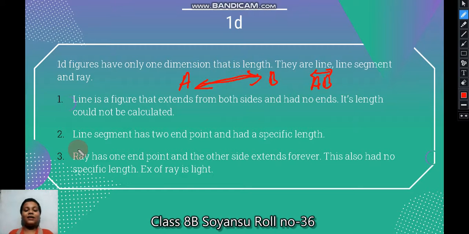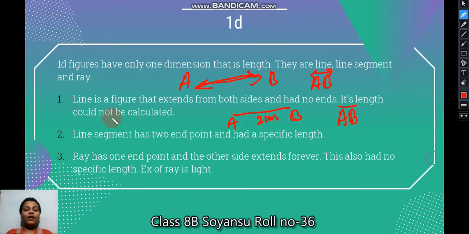Then comes the line segment. A line segment has 2 endpoints and has a specific length, for example 2 centimeters, 5 centimeters or 6 centimeters. We can name its endpoints A and B, write it as AB, and draw it like this.